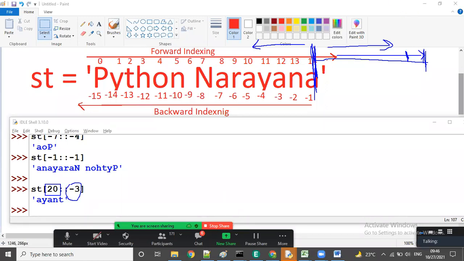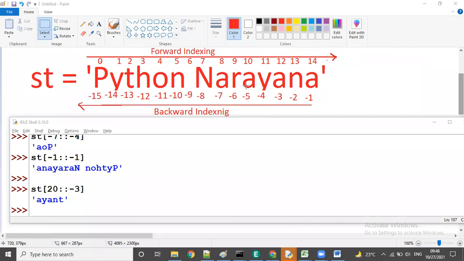Backward, or take every third character, right? 1, 2, 3, A, Y. 1, 2, 3, A, Y, A. Again 1, 2, 3, A, Y, A, N, N, 1, 2, 3, T. A, Y, A, N, T, guys, and we count 3 characters, right? NT. It's a backward reading, okay?